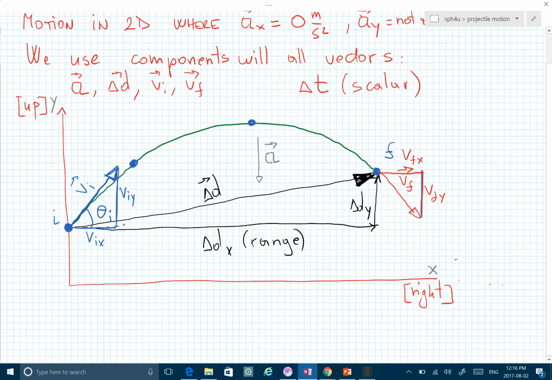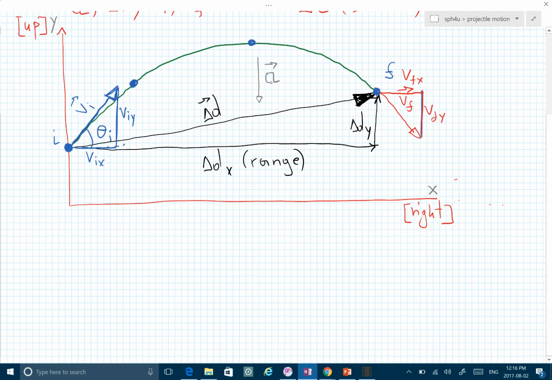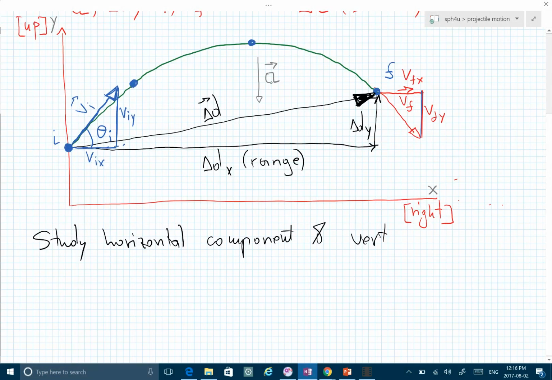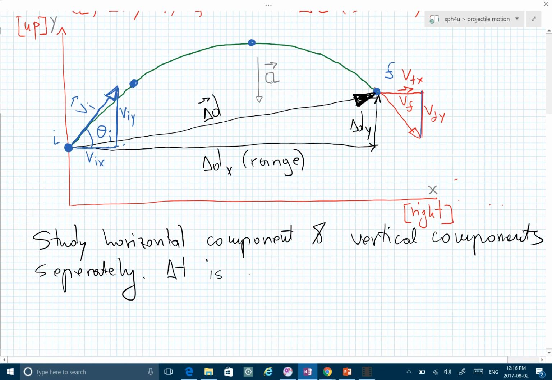All right, so there you go. That's what we do. And now we study the horizontal and vertical components separately. All right. The only thing that is common is time.